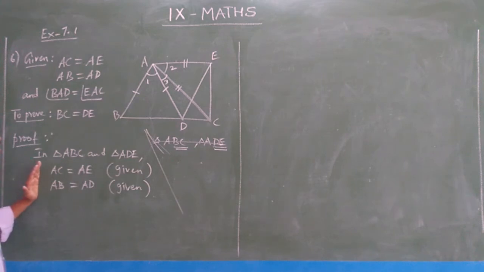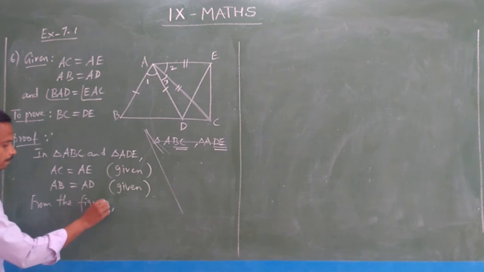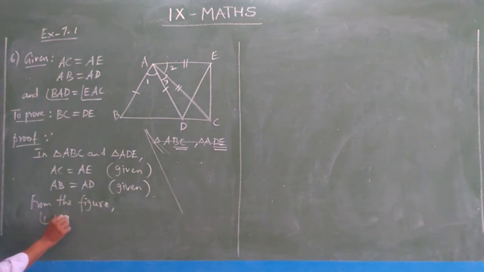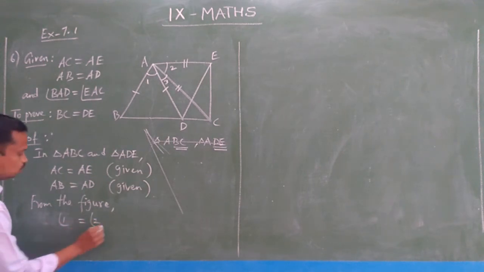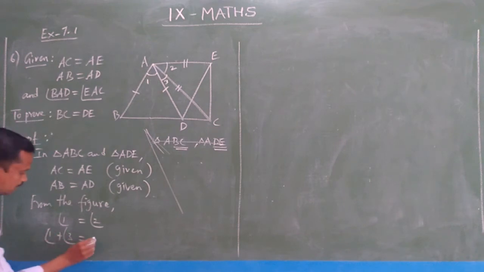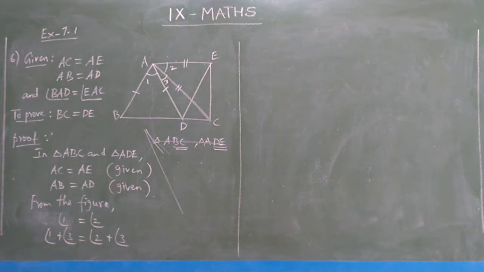So for the third angle, from the figure, you see, angle 1 plus angle 3. Already we have angle 1 equal to angle 2. And if you add the common third angle on both sides, angle 1 plus angle 3, what is that?